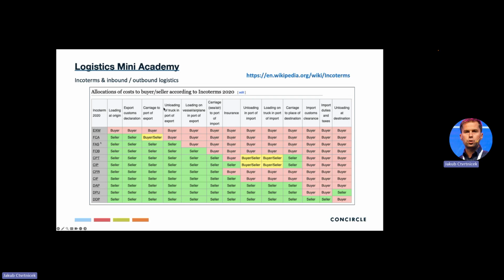As I said, the FOB, FAS is very used by inbound from Asia for retailers primarily, and on the outbound from companies here in Europe when they send goods to their customers, either as a component, B2B or B2C. Often DPU, DDP is used. For example, in retail, when you buy from Amazon or any other platform, typically it is DDP. You don't even know that, and it's basically delivered almost to your door.